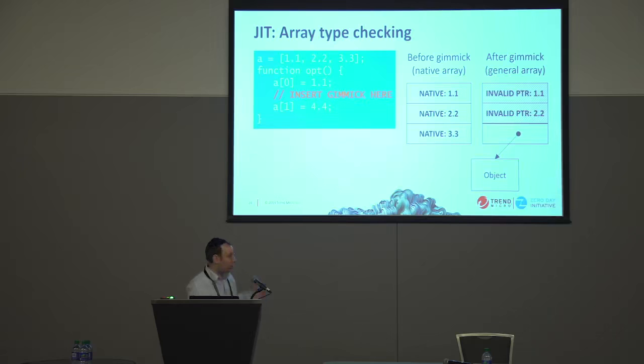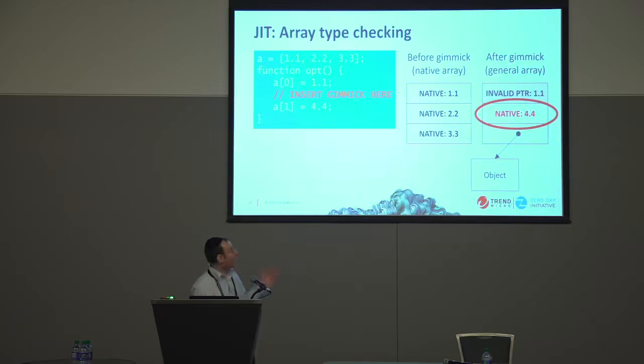So it thinks that in order to store the value 4.4, it simply needs to write a native 4.4 into the array's memory, like so. But this is very wrong, because a native unencoded floating point value should never get written into a general array.